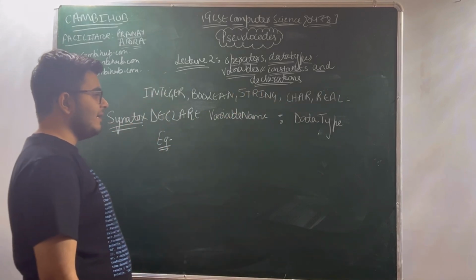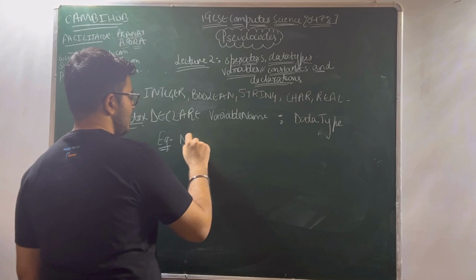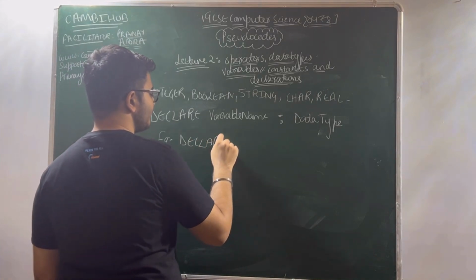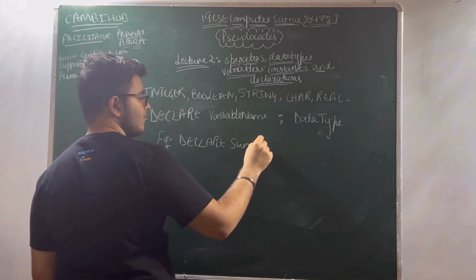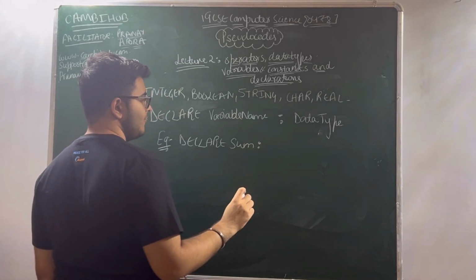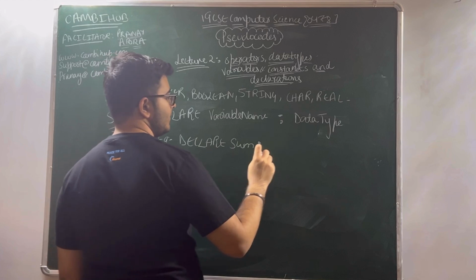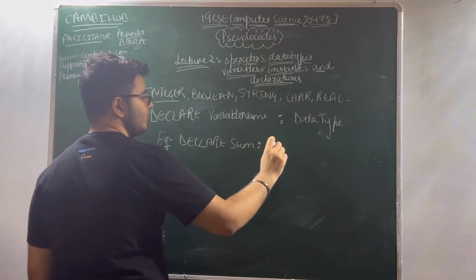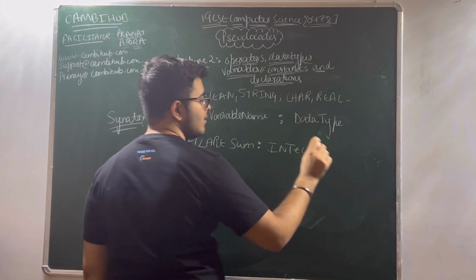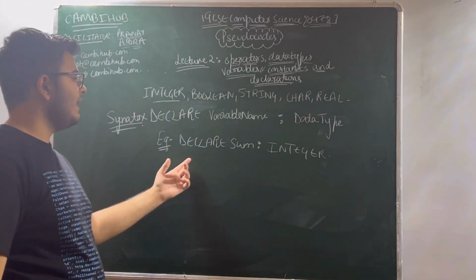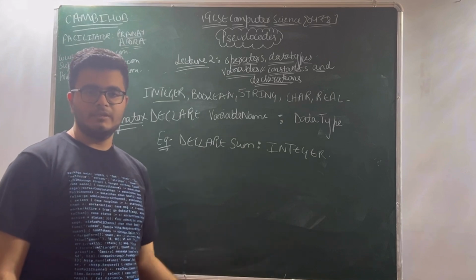How would I declare that sum? I would say DECLARE sum, what would be the data type? INTEGER in capital letters. Right? DECLARE sum : INTEGER.